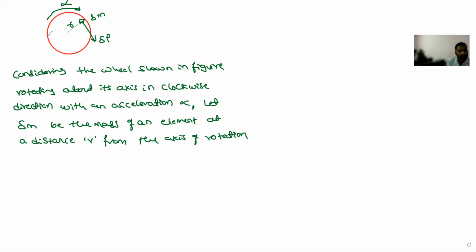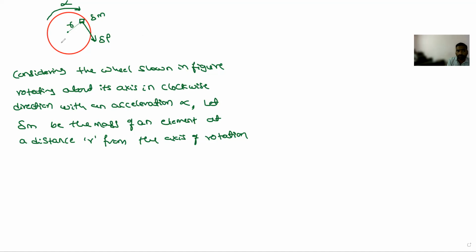Okay, so the object is a rotating wheel. The wheel is a rigid body, correct? It is rotating. So I want to determine the rotational moment. In order to determine the rotational moment, first of all, I am considering a small elemental part. The small elemental part has mass delta m. It is at a distance r from the axis of rotation.